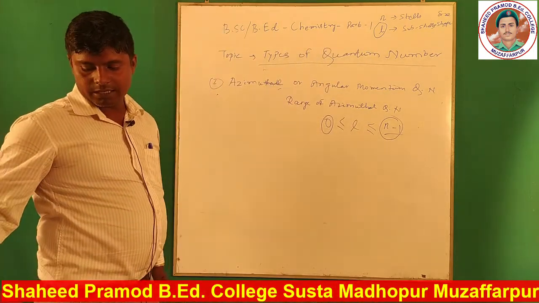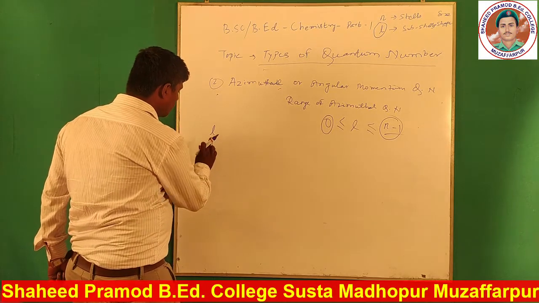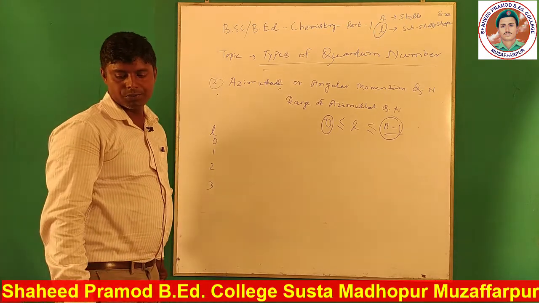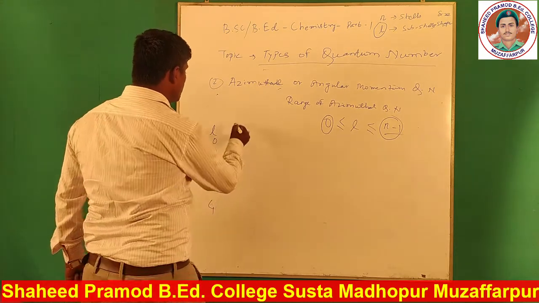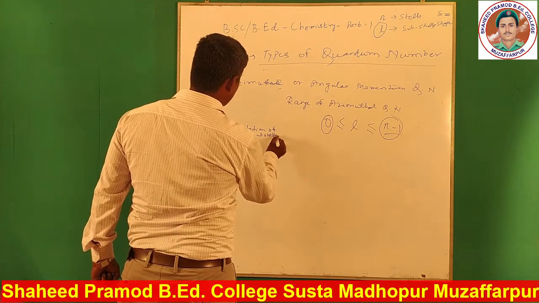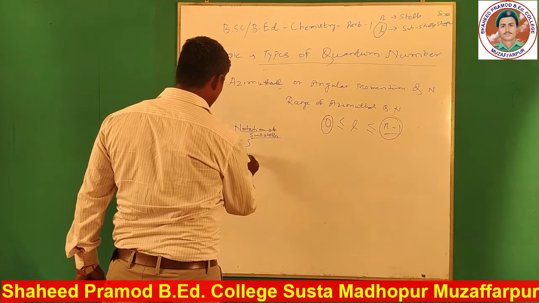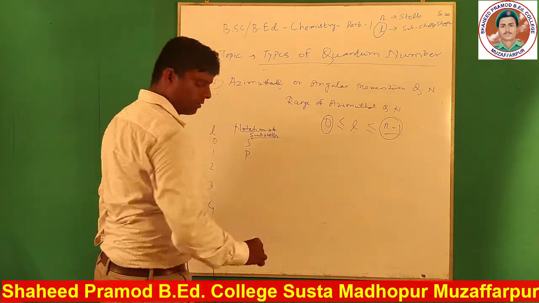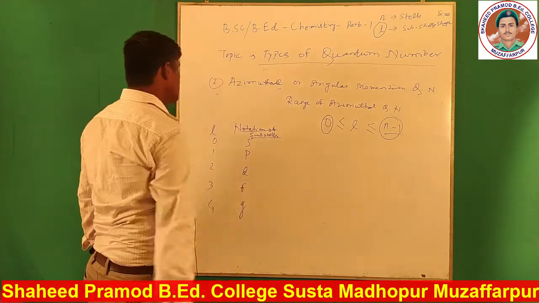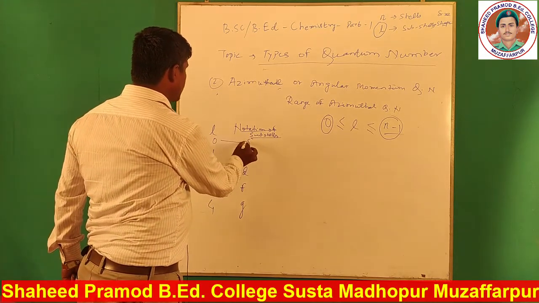Let us see a table. For the azimuthal quantum number values 0, 1, 2, 3, 4, the notation of subshells is S, P, D, F, and G. So this is the notation of subshells for a particular azimuthal quantum number.